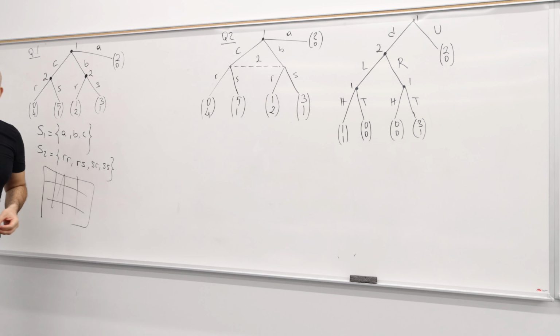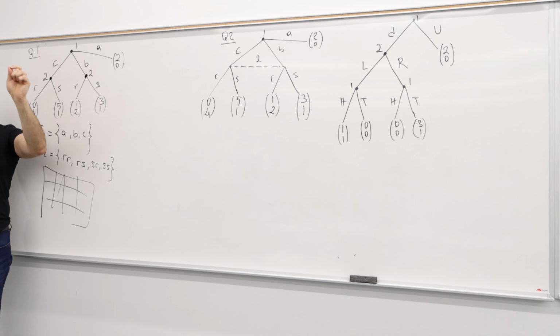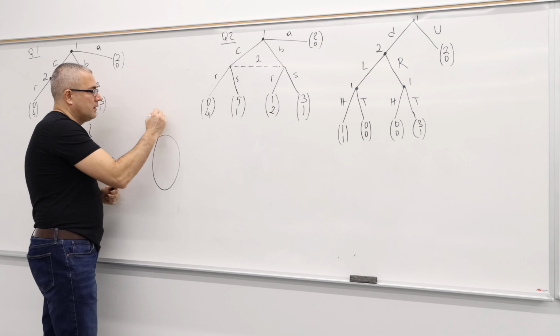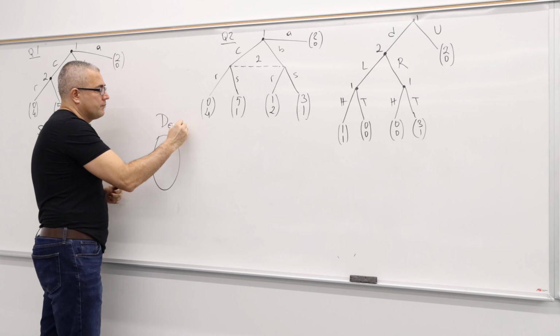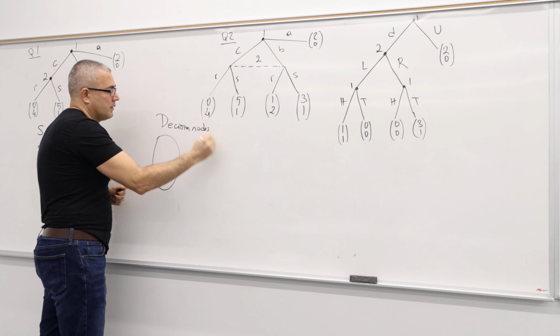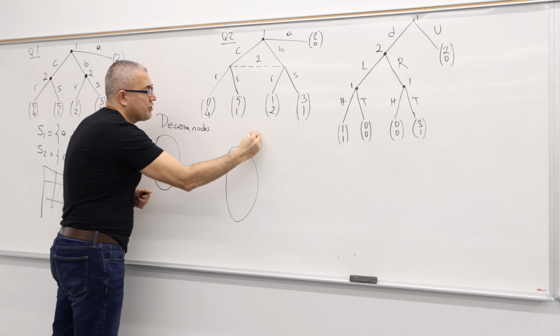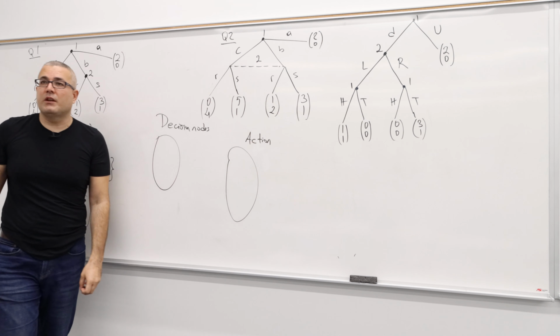Sure. Thank you for this question because it really is important. So, again, the definition of a strategy says it's a function which maps decision nodes to an action available at that decision node.